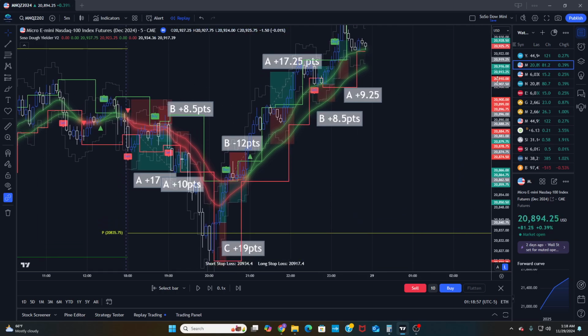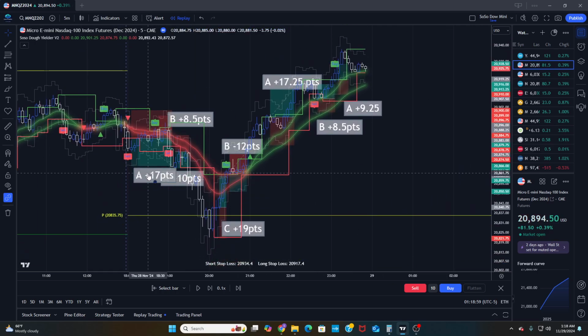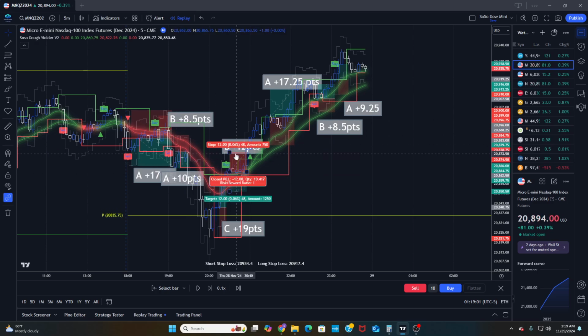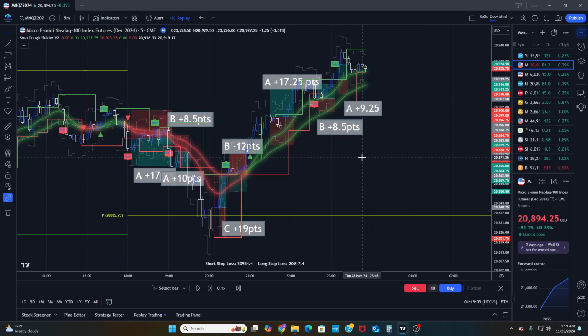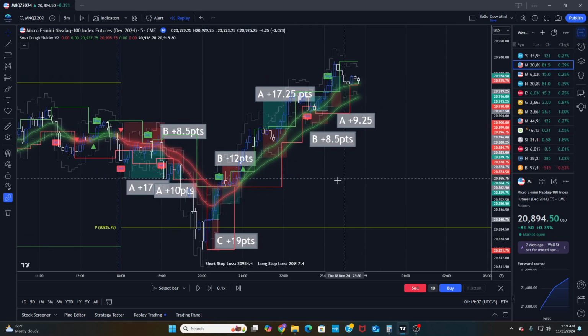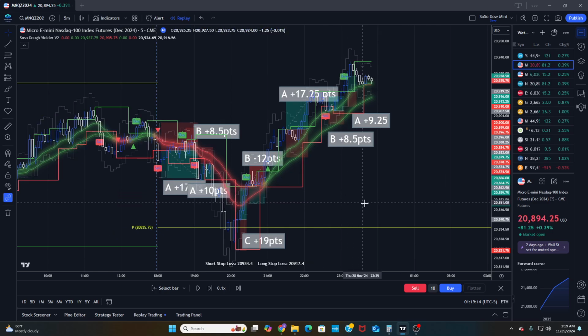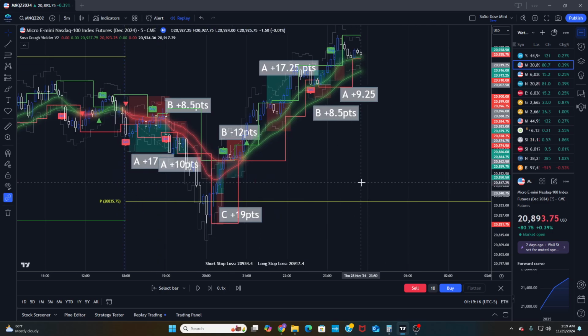But that is how we have examples of every type of entry here that I have personally come across and use to enter. There may be other ones I just haven't discovered yet.